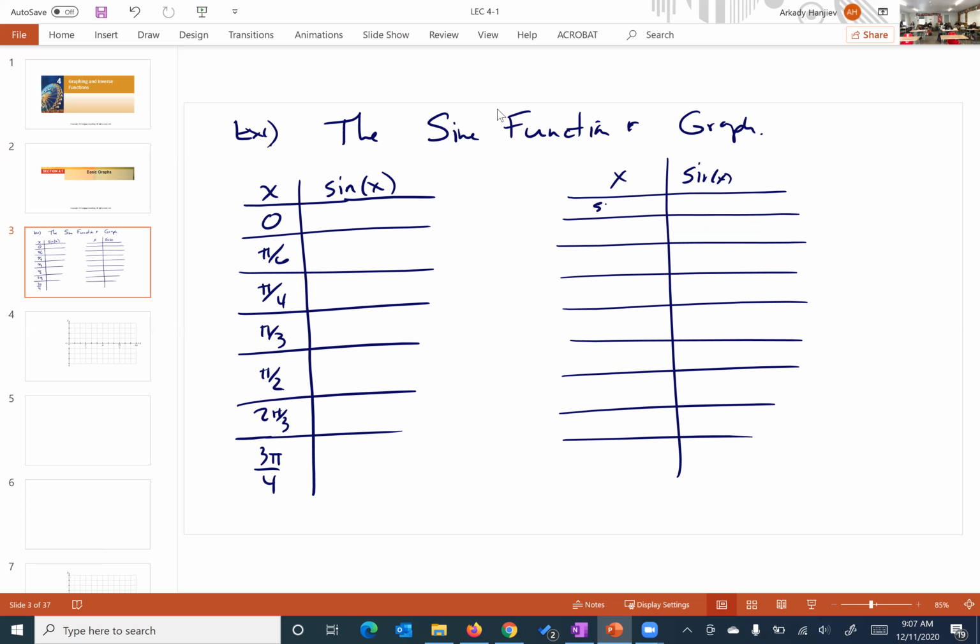I'm going to go to 5 pi over 6, and then eventually pi. And we have 7 pi over 6. It's tedious, but needed here. 5 pi over 4, 4 pi over 3, 3 pi over 2, 5 pi over 3, 7 pi over 4. Almost done. There it is, 11 pi over 6, and eventually 2 pi.